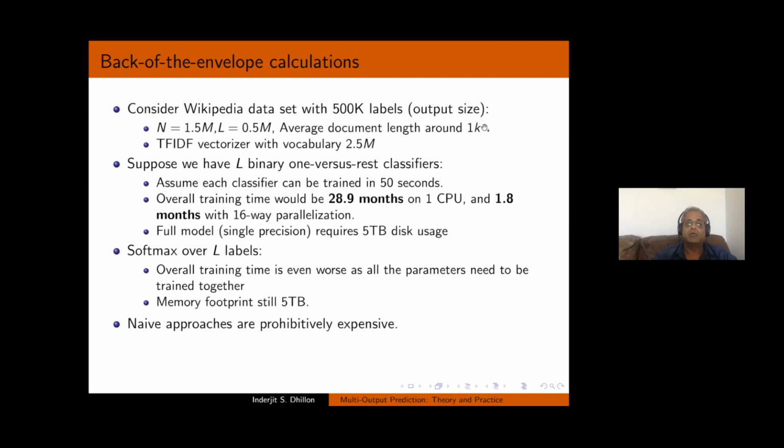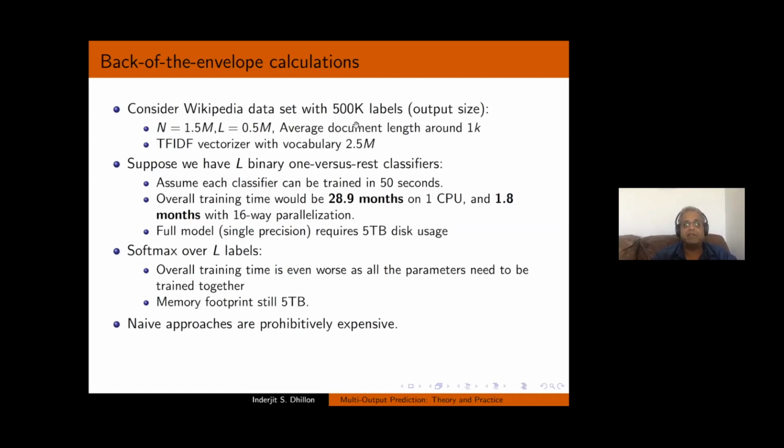This is a text document, so the features can be constructed through the words that are contained in the document. You can use a traditional way of converting each of these Wikipedia articles to a vector, what I refer to as a TF-IDF vectorizer.